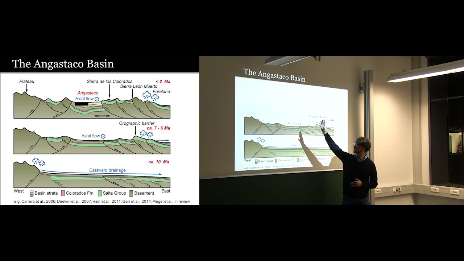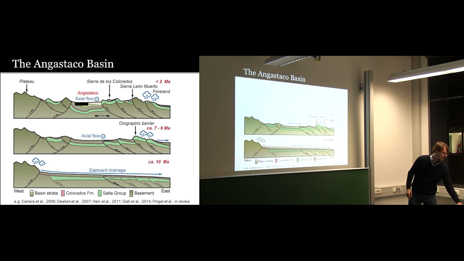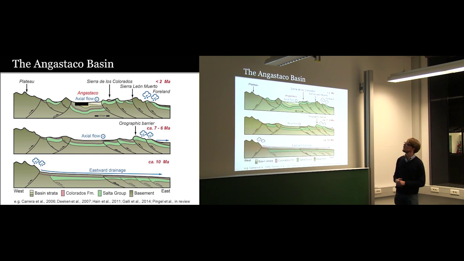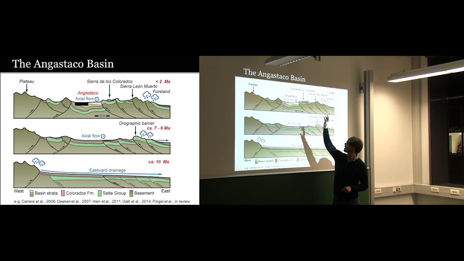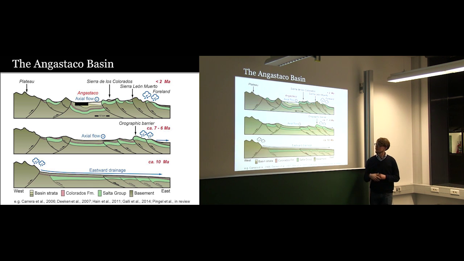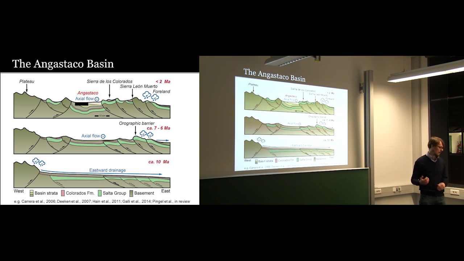And the backside after that starts to fall dry. And then this is the setting today where you have growth of these structures more towards the foreland and then filling of the sediments on the backsides of these uplifts and then aridification of the hinterland over time.